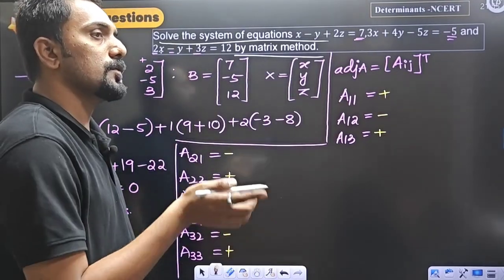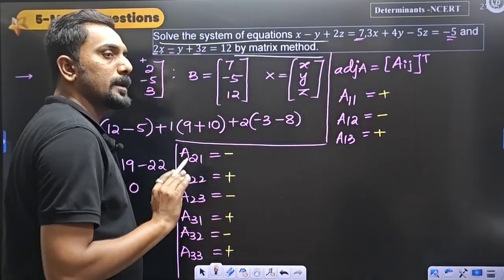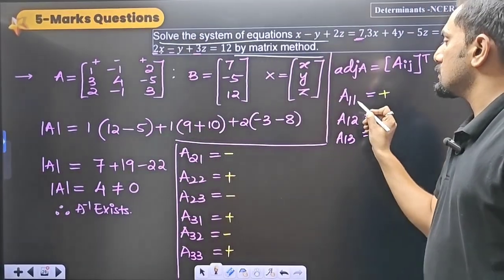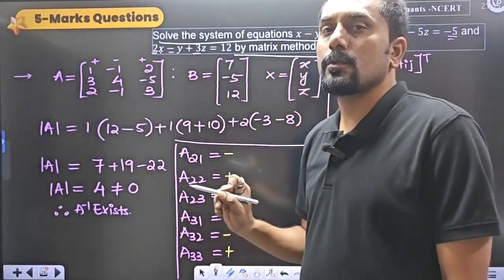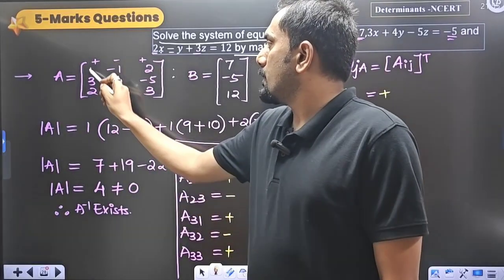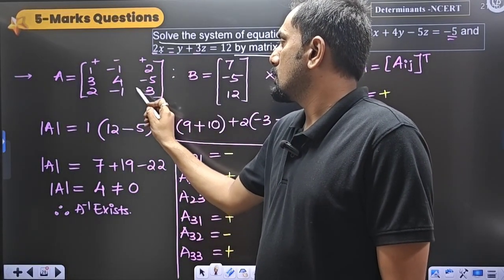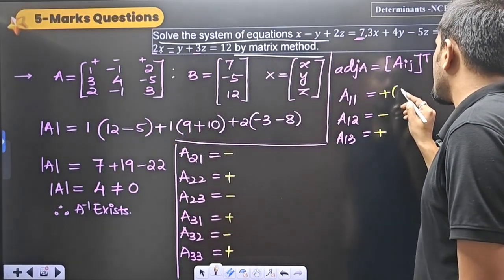Instead of using that formula, we will write directly. Okay, you can write directly, no problem. Delete the first row and first column, and put the determinant for the rest. Then only we will get the cofactor of first row first column. Delete first row first column: 4 3s are 12 minus 5, 12 minus 5.